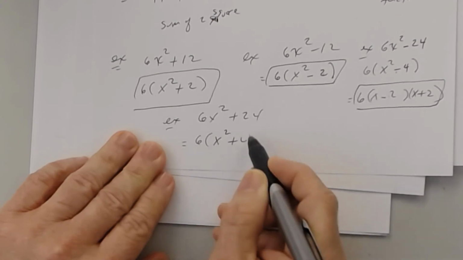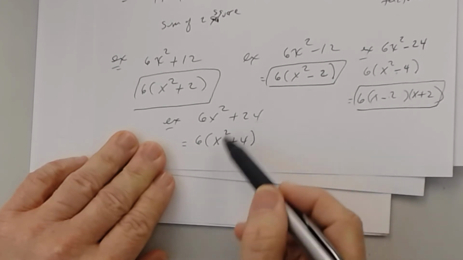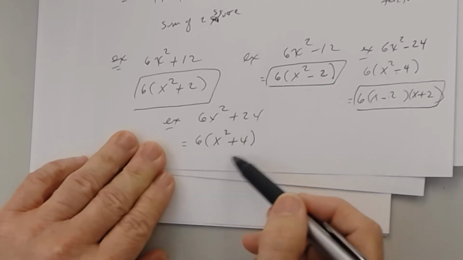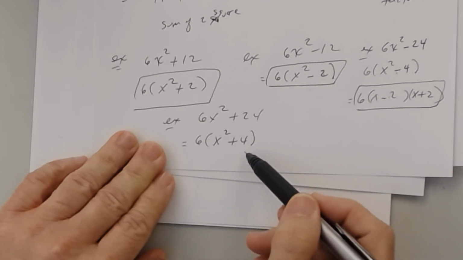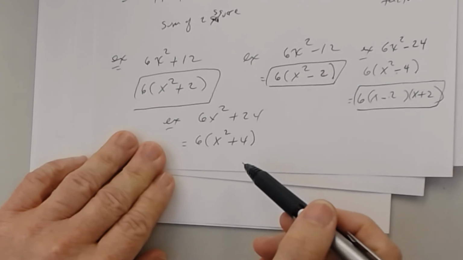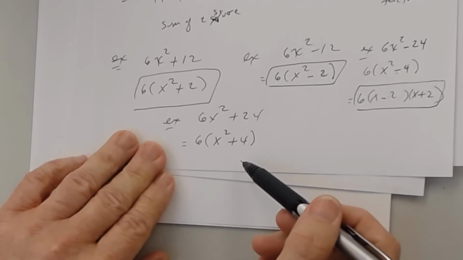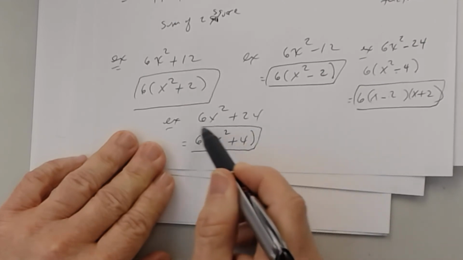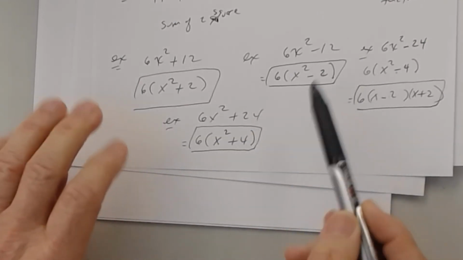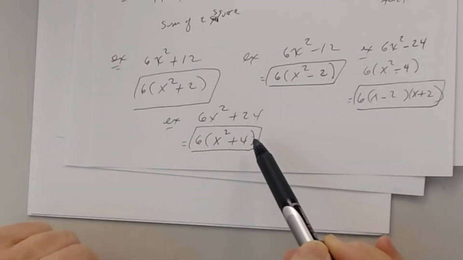X squared plus 4. Can I factor x squared plus 4? She says yes. Do y'all agree with her? No, because x squared plus 4 is the sum of two squares. The sum of two squares cannot be factored. So you're done with this one. These are all little things you have to remember: difference of two squares, sum of two squares, and so forth.